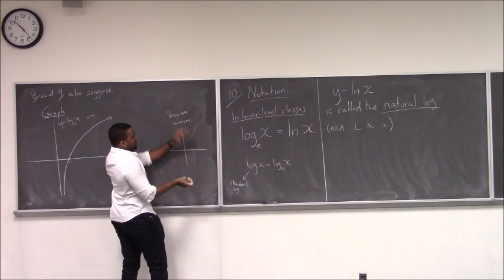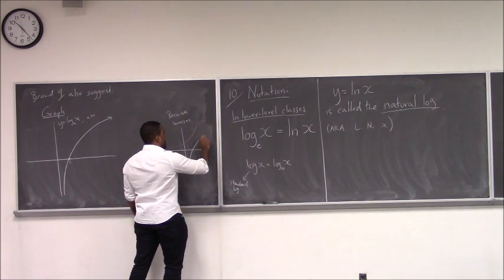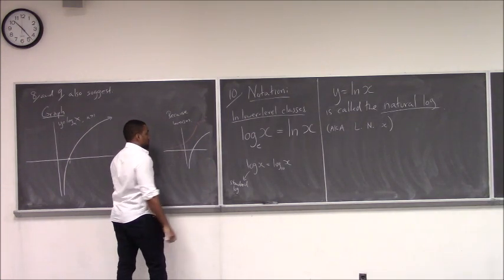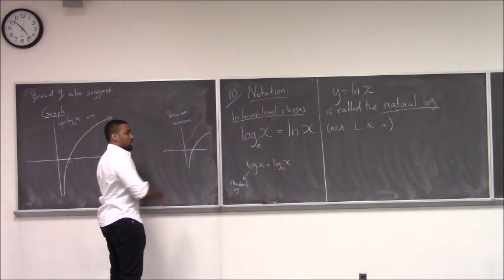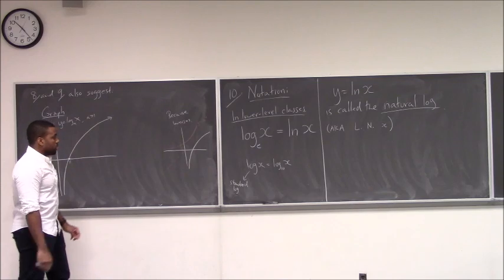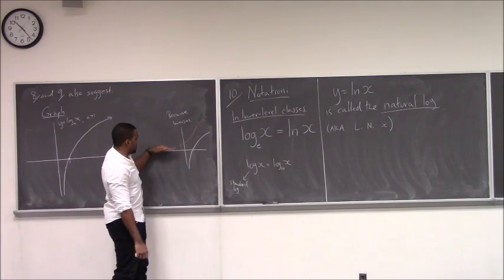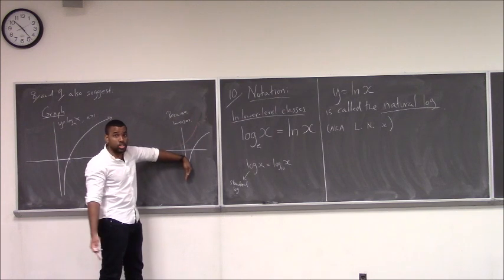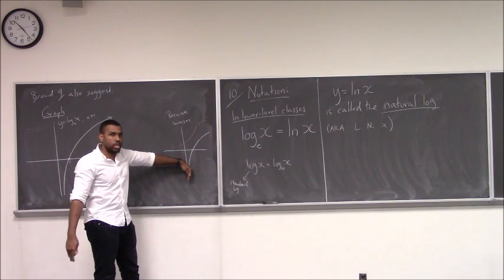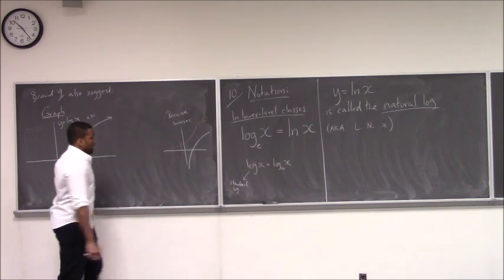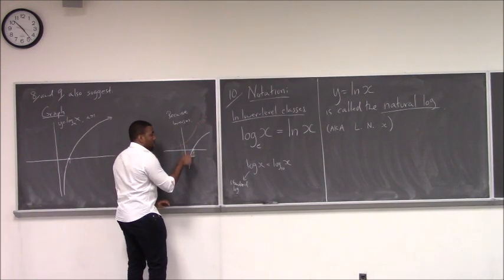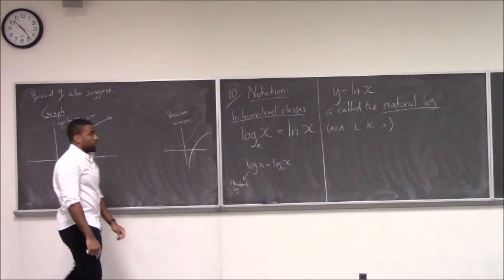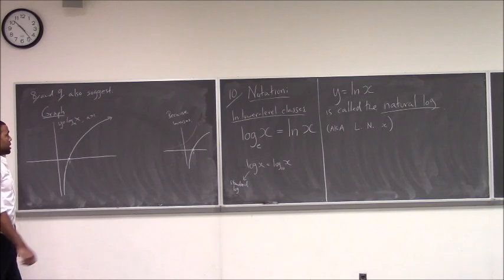So if I take this, flip it into this mirror image, I would get that guy. So knowing the graph of an exponential, we can automatically figure out the graph of a logarithm. You will notice that this never touches 0, therefore this will never touch 0, which tells us that log of 0 is undefined. There is no value where it's going to hit the y-axis. And this tells you that log of 1 is always going to be 0. So we have that graph.